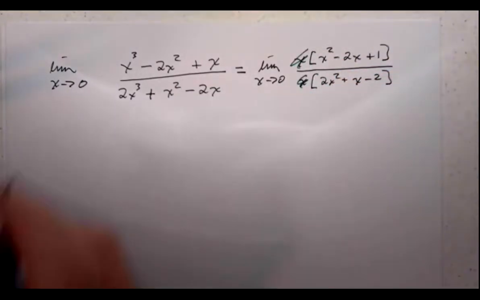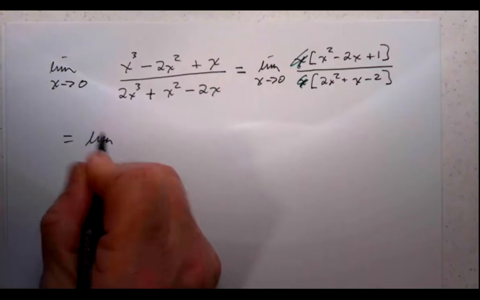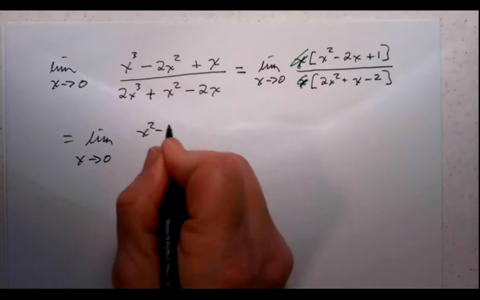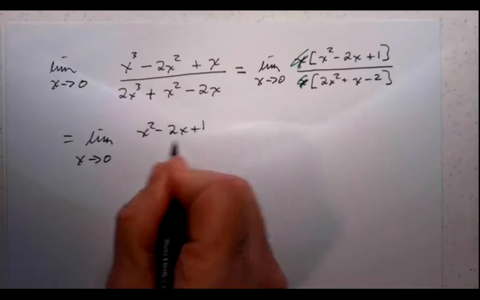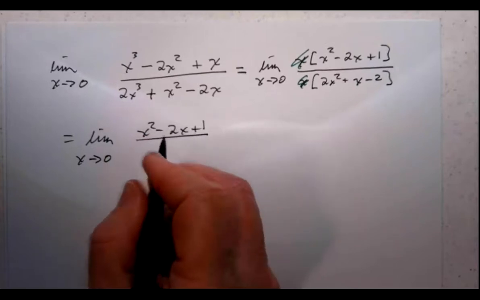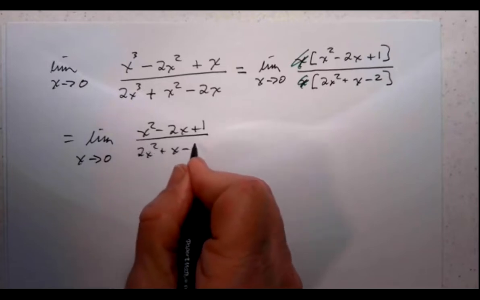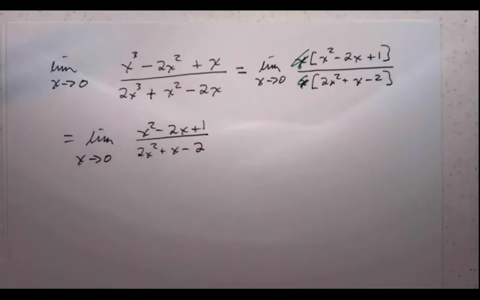So now I have the limit as x goes to 0 of x squared minus 2x plus 1 over 2x squared plus x minus 2. You may want to factor again. However, let's check to see if I have an answer currently. So if I plug 0 in the top and the bottom, what do I get?